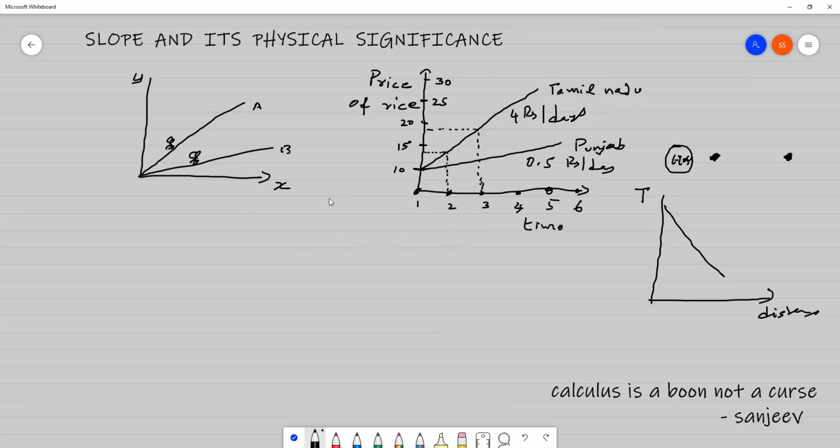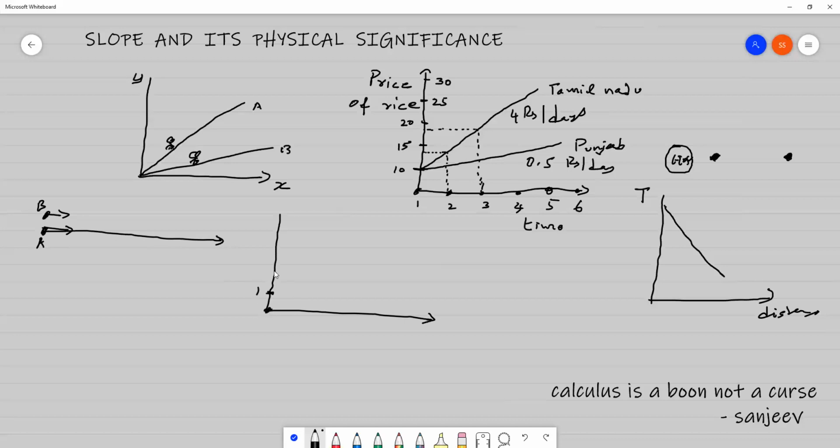So if you draw a graph between position and time, suppose there are two runners. Let this be the x-axis, this be a running track. Two boys, A and B, are standing here, having a race. If I plot their x positions, initially both are at 0.